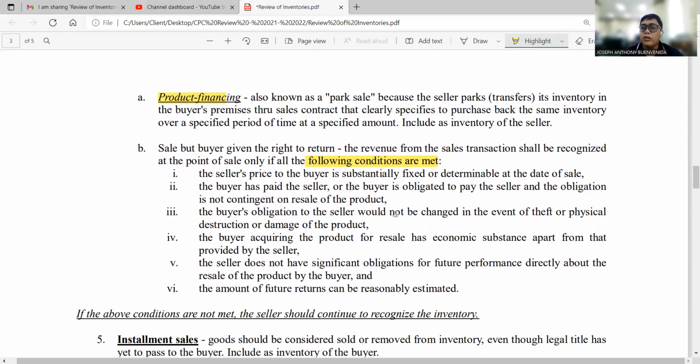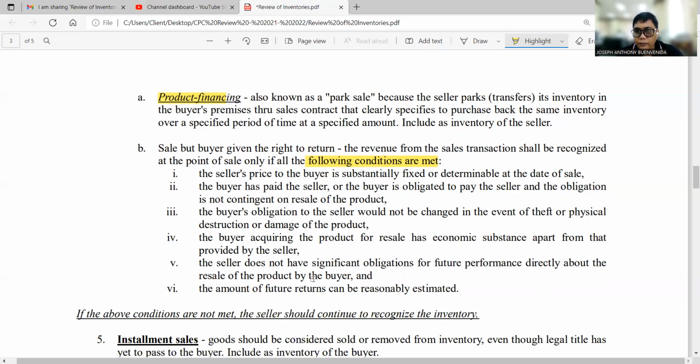So the buyer's obligation to the seller would not be changed in the event of theft or physical destruction or damage of the product. Or the buyer acquiring the product for resale has economic substance apart from the provided by the seller, and the seller does not have significant obligations for the future performance directly about the resale of the product by the buyer, no? And the amount of future returns can be reasonably estimated.